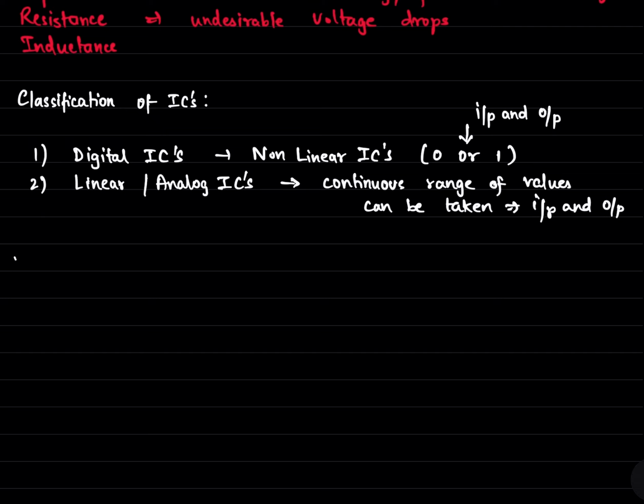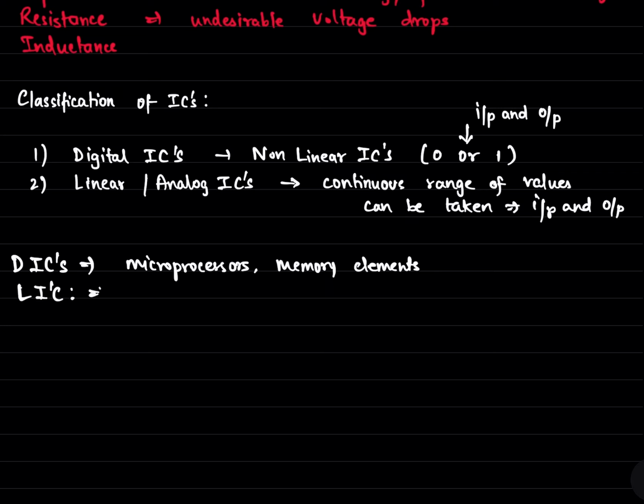These digital ICs are used in microprocessors, memory elements, and so on. While the linear ICs are used in amplifier circuits such as audio amplifier circuits and radio amplifier circuits and so on.